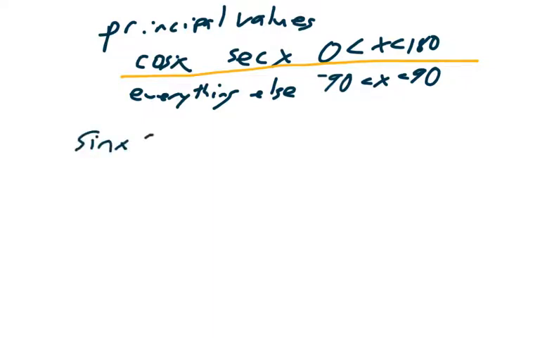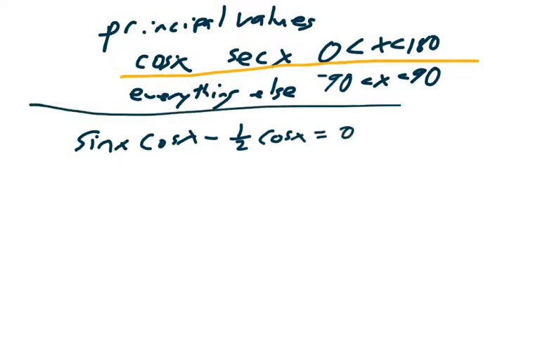So in example number 1 here, I'm going to do 1/2 cosine x equals 0. And we're trying to find the principal values. We will do this in degrees and radians, so that if you have problems, we can do it with both.